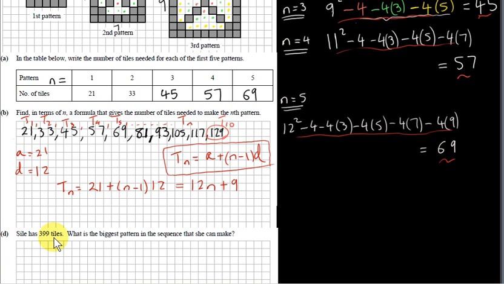Sheila has 399 tiles. What is the biggest pattern in the sequence that she can make? Let's put Tn equal to 399. Now, if we solve this for n, we get n equals 32 and 6/12. So what does this mean?